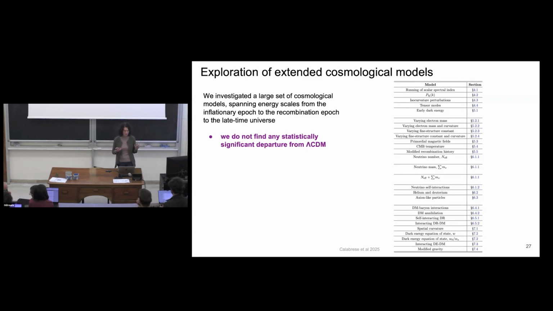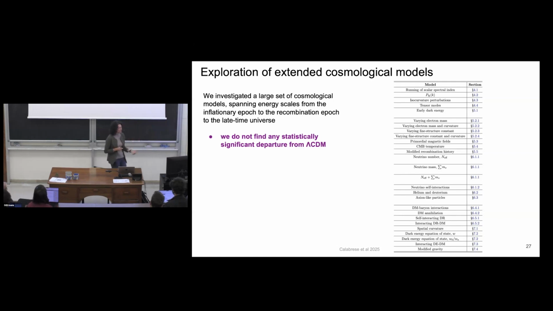And so we drafted a list of cosmological models that were either well motivated from a fundamental physics point of view, from a particle physics, astroparticle point of view, or that had been proposed specifically to address some of the issues in lambda CDM, for example, to reduce the Hubble tension and to explore the dark sector.